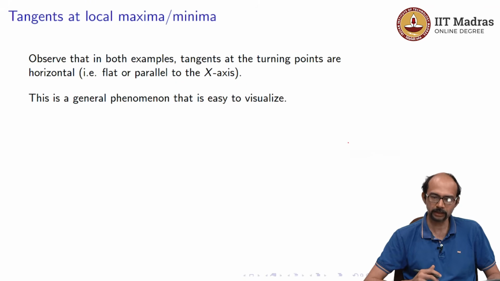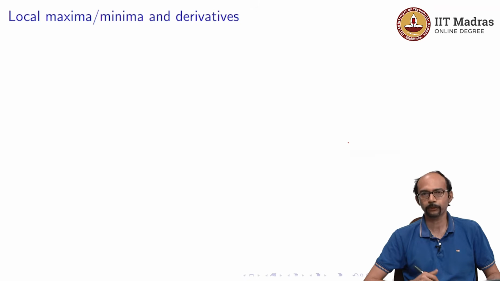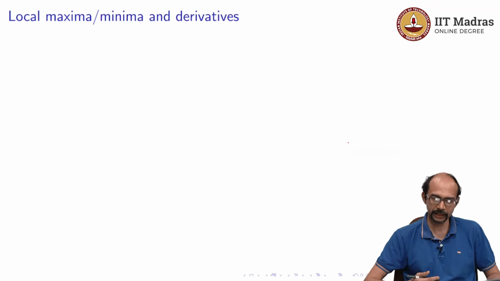But how do we make this formal? The way to make it formal is, of course, to introduce derivatives, as we have been doing for a while now. We have been capturing the idea of tangents in terms of derivatives, and derivatives give us an algebraic way of getting hold of equations and so on.